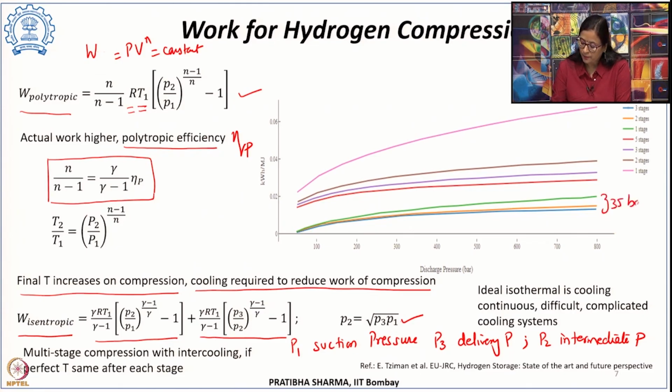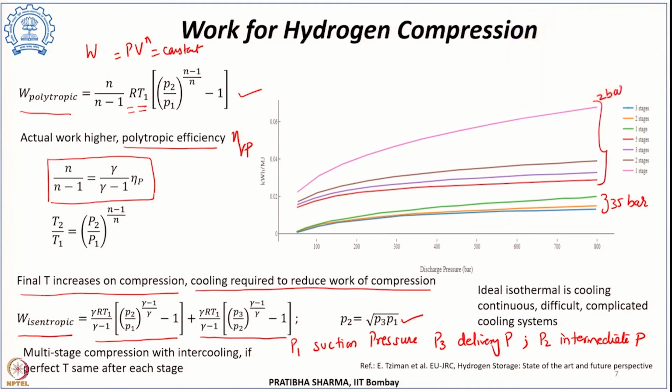For 2 bar, 5 stages have been considered: 1 stage, 2 stage, 3 stage and 5 stage compression. For 35 bar, 3 stages have been considered: 1 stage, 2 stage and 3 stage.